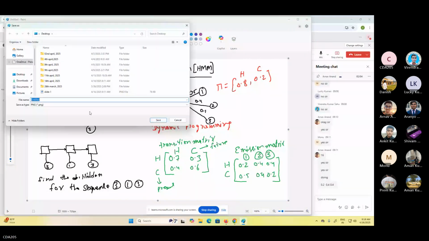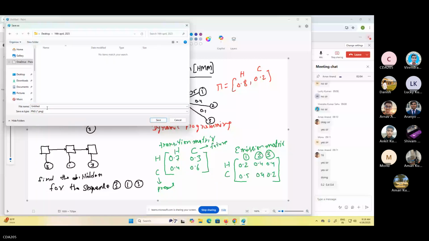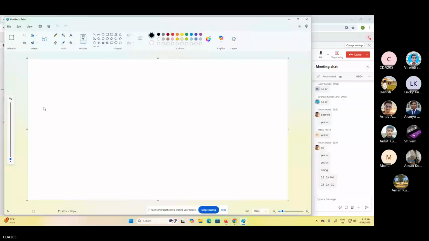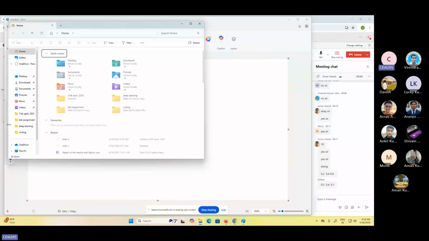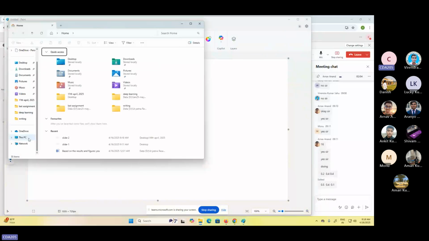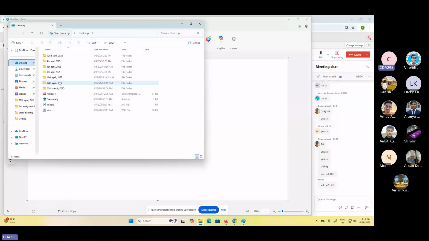Now we can open this and we will see what the values are there.